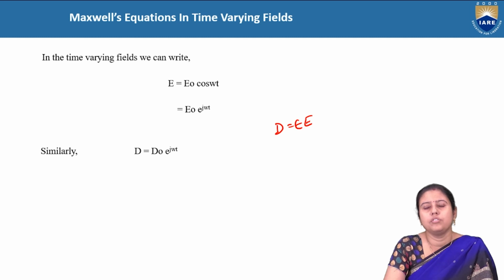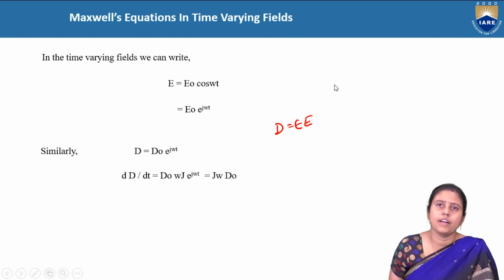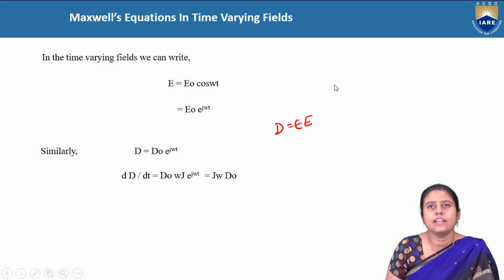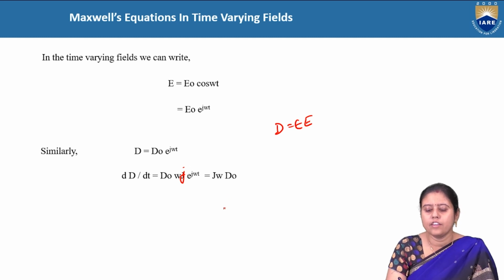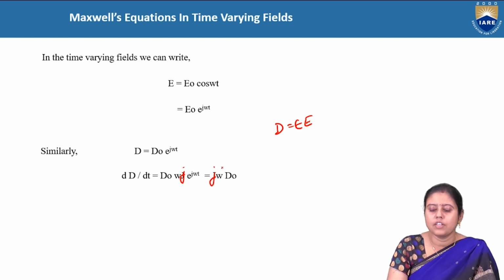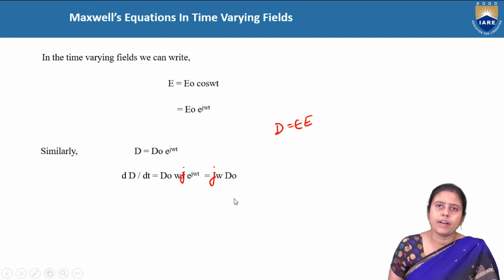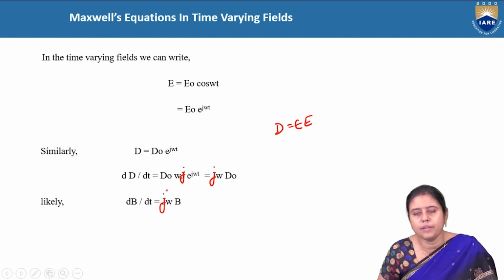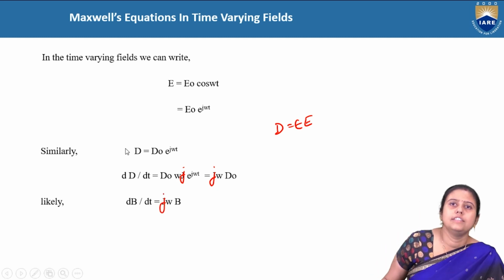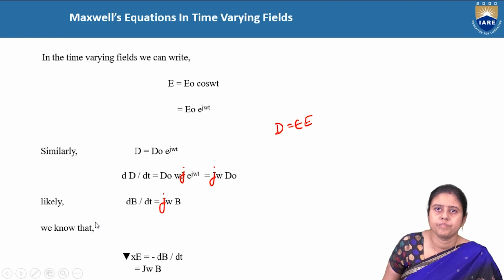So D is equal to D naught e to the power j omega t. We have to get dD by dt. What is dD by dt? D naught j omega e to the power j omega t. So the maximum value is j omega D naught. If we compare the equations, we get dD by dt is equal to j omega D.